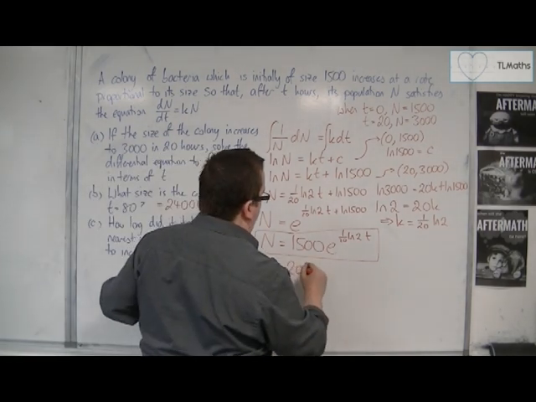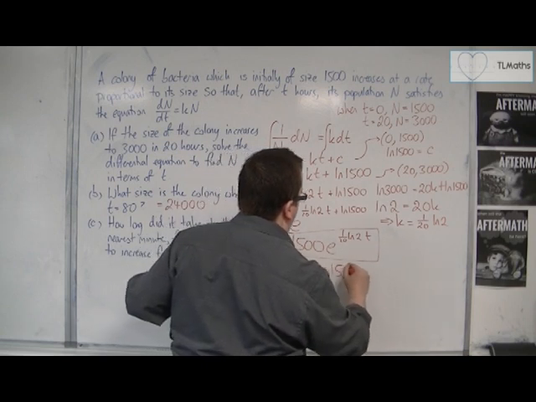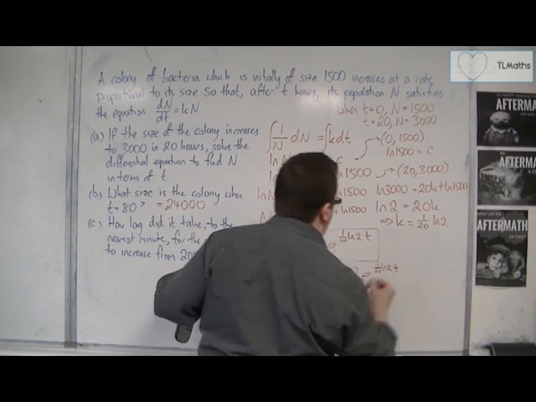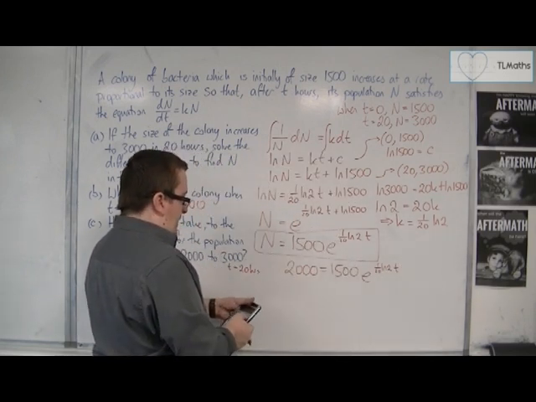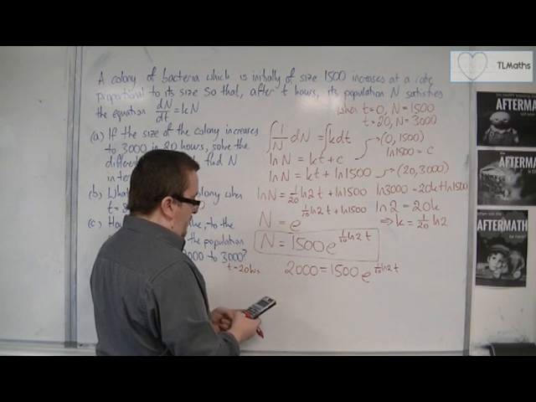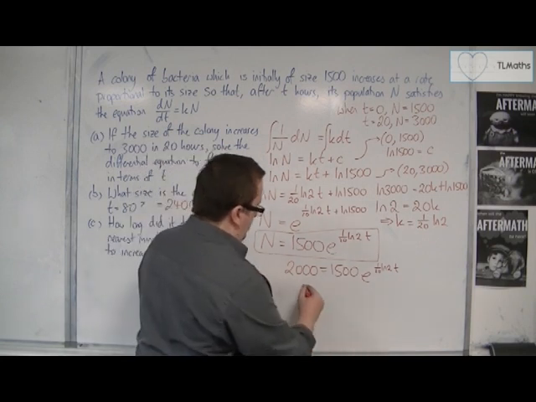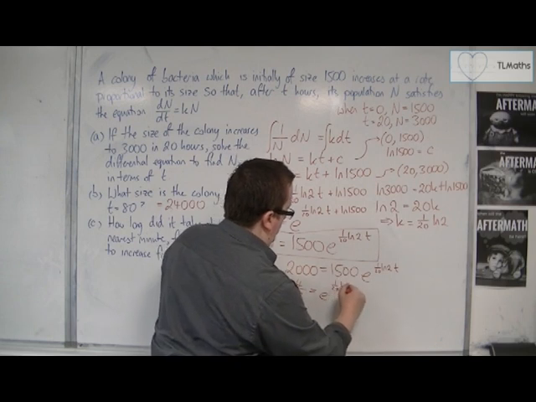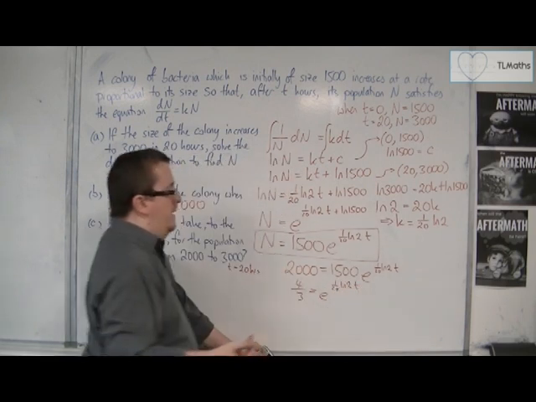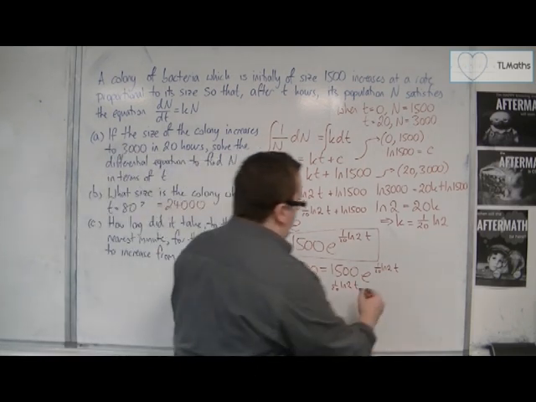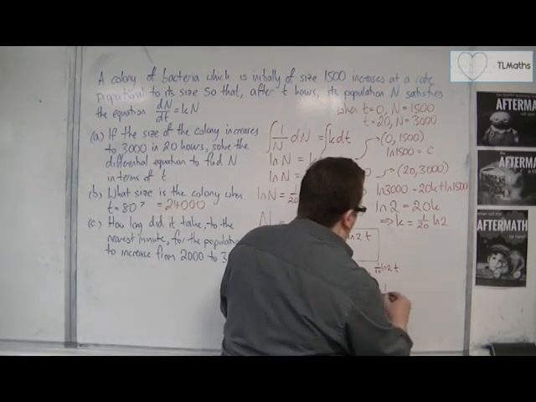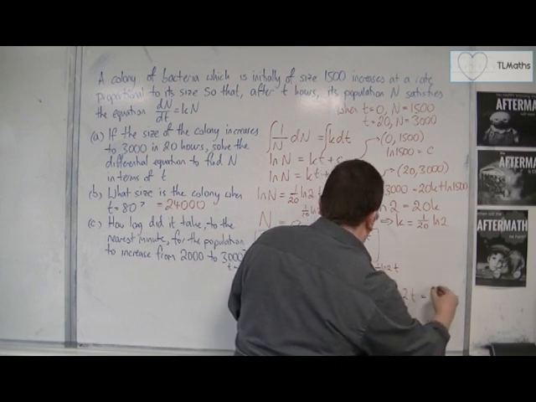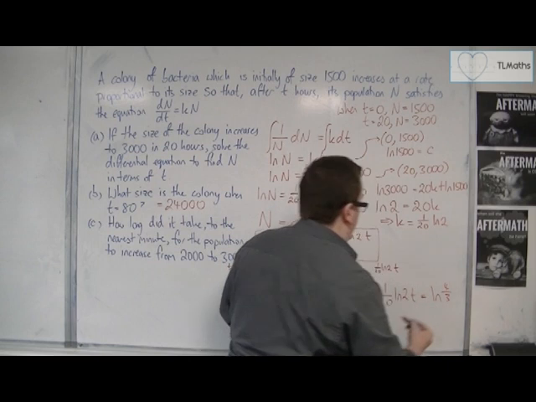So 2,000 is equal to 1,500 e to the 1 over 20 log 2 t. So 2,000 divided by 1,500 is 4/3. Okay, then you're going to want to log both sides. So we're going to get 1 over 20 log 2 t is equal to log of 4/3.